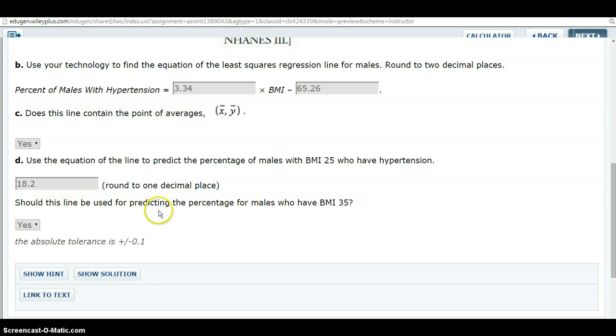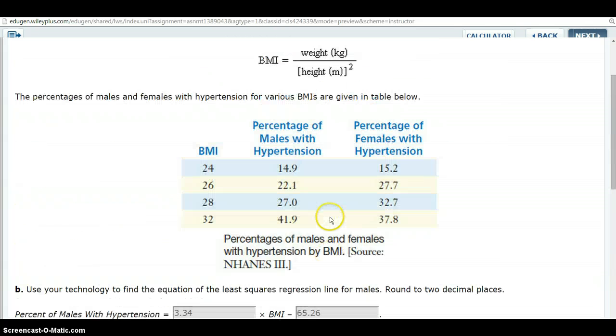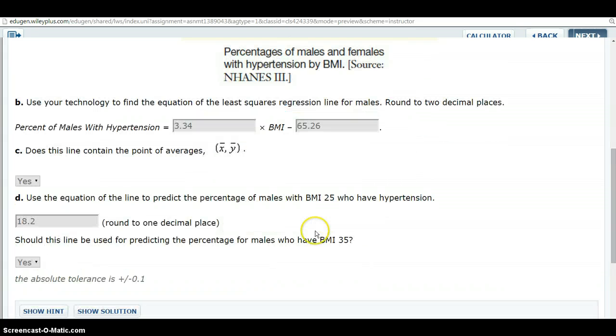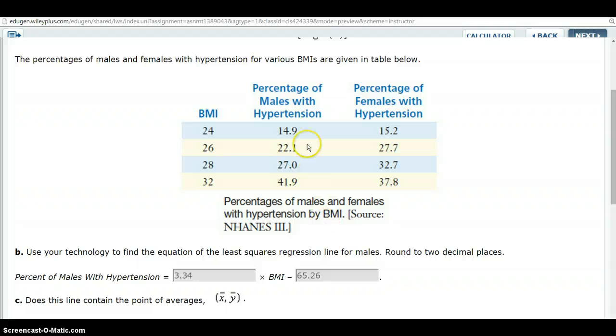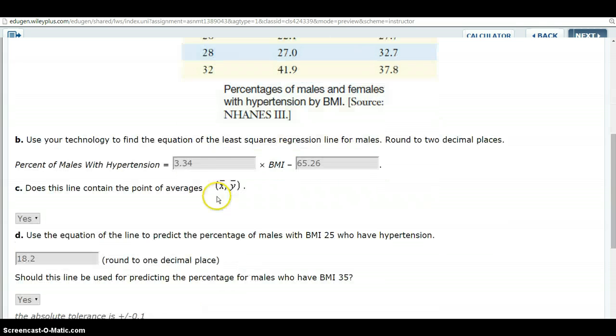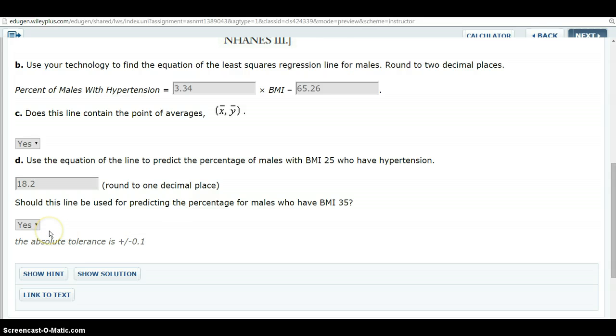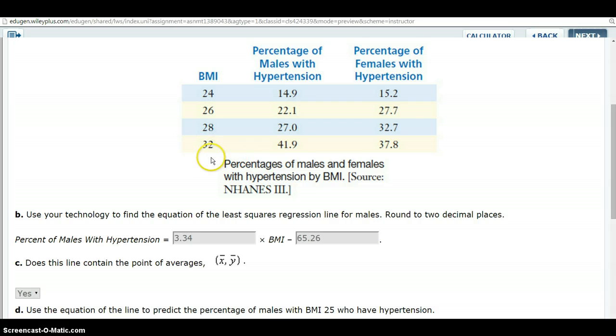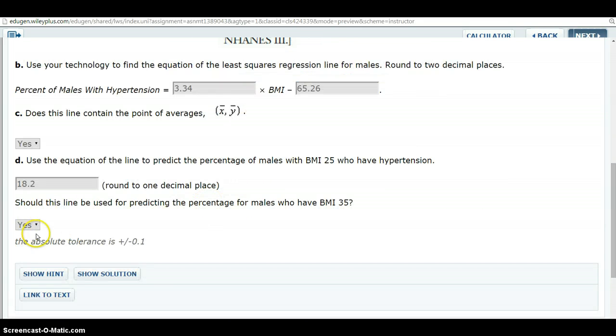And should this line be used for predicting the percentage of males who have BMI 35? Now, why would they even ask that question? Well, that's getting into what I said about not going beyond the data that we have. So looking at BMIs here, 35 is higher than anything that we have in our data set. So we're really in the danger zone here, but because it's close enough to our highest point, they're saying, yes, this is okay.